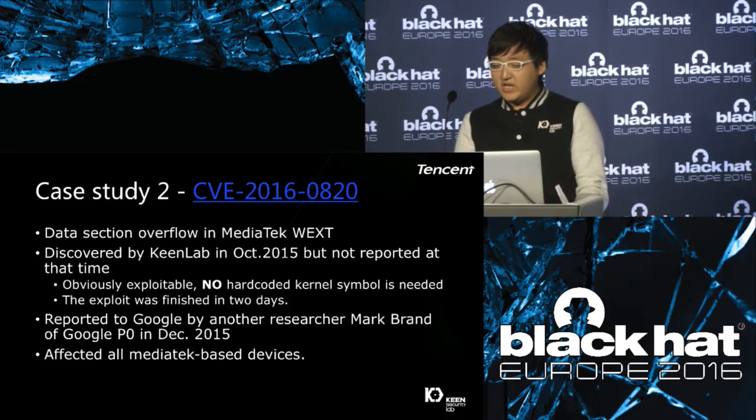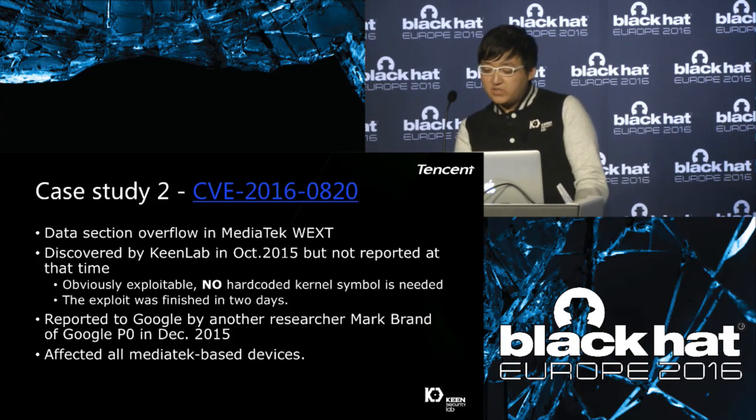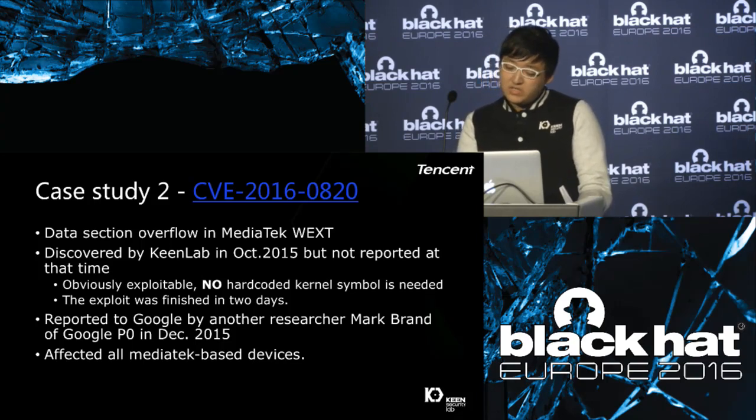But taking into account that it's very easy to find this vulnerability by code auditing, I'm not very surprised that another researcher from Google Project Zero also reported it to Google in December 2015. So the CVE number of the second case is CVE-2016-0820, and it affected all MediaTek devices.